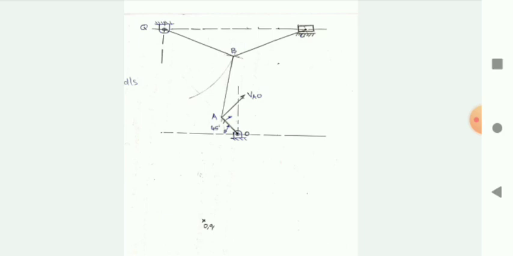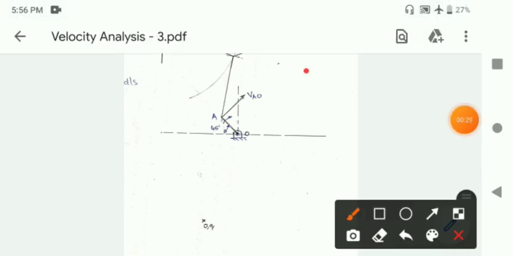As we have done in the previous question, it is better that you orient your notebook horizontally, and at the top region of the page you can draw the line sketch of the mechanism, and below the line sketch of the mechanism you can draw the velocity diagram.